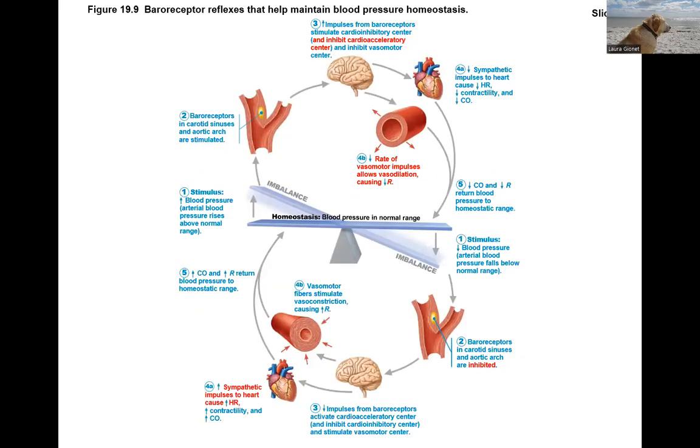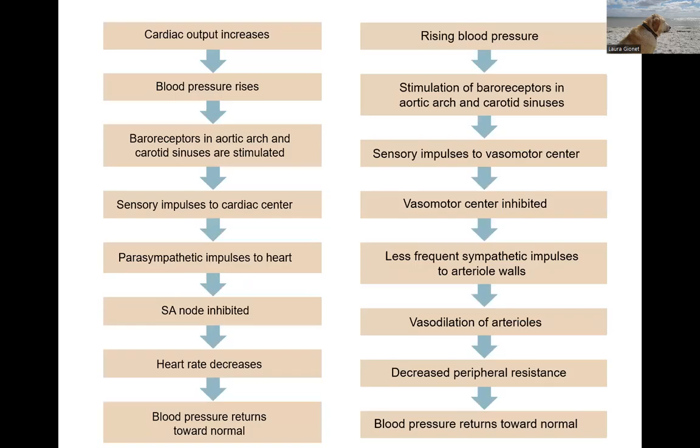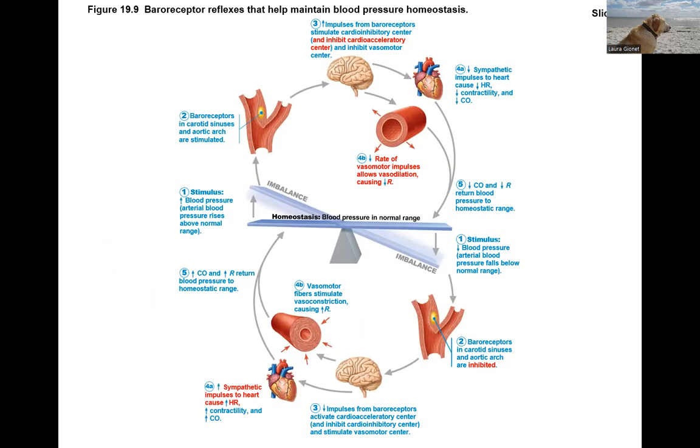All right, so you can look at this on your own, but it describes the responses I just talked about, in a diagram in the back. Here we have homeostasis of blood pressure on the seesaw.